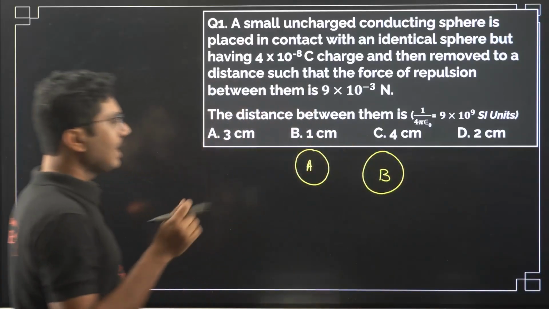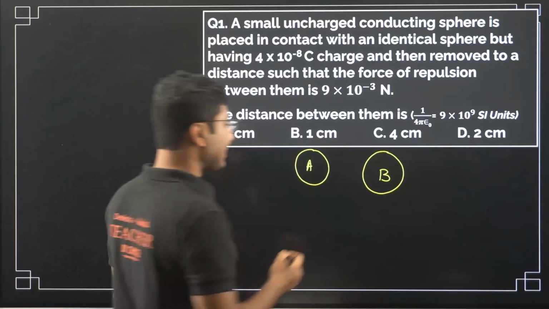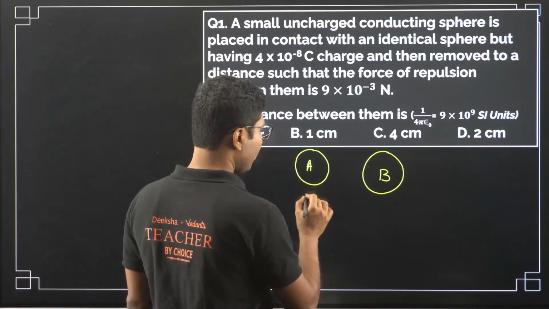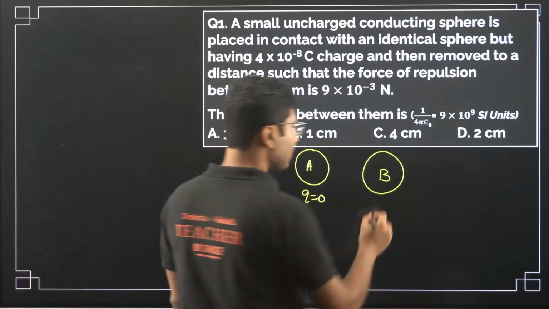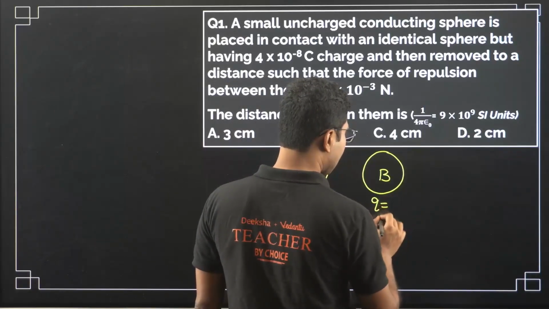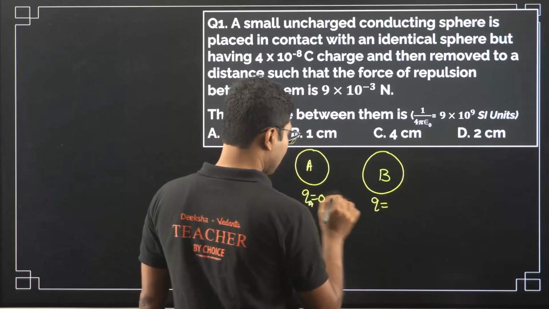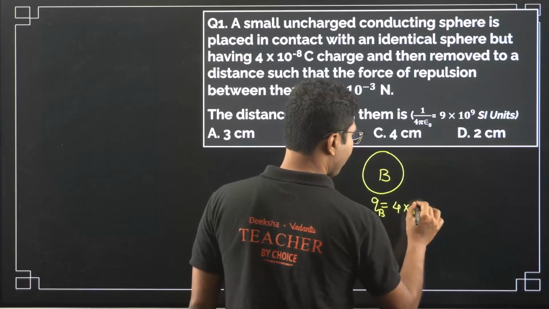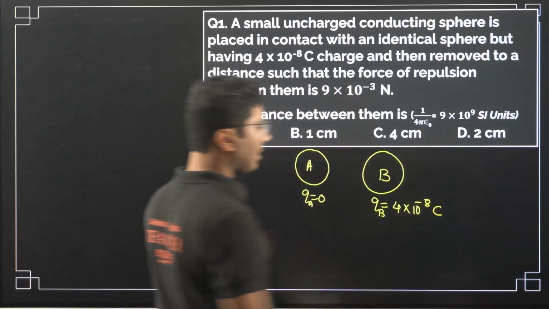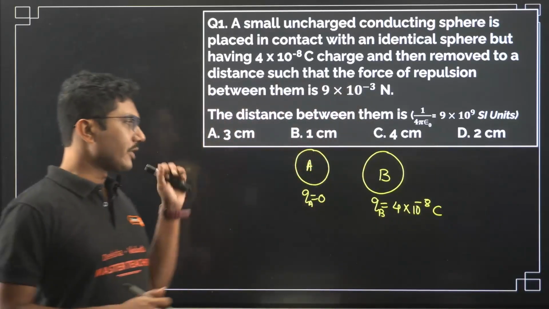Now what it says is that the first is uncharged, so it has charge 0. The second one, on the other hand, is not 0, it has a charge. So this is QA, and initially this is QB, and it has a charge of 4 into 10 to the power of minus 8 coulomb. Now I will go a little slowly and try to explain the process.